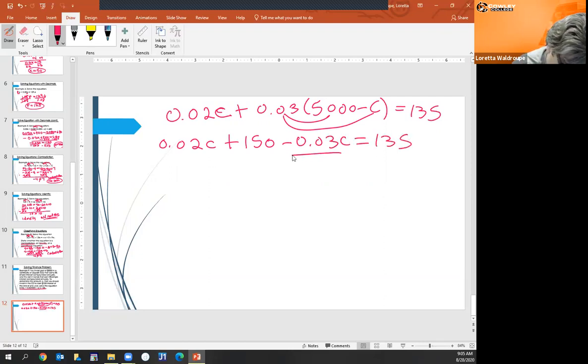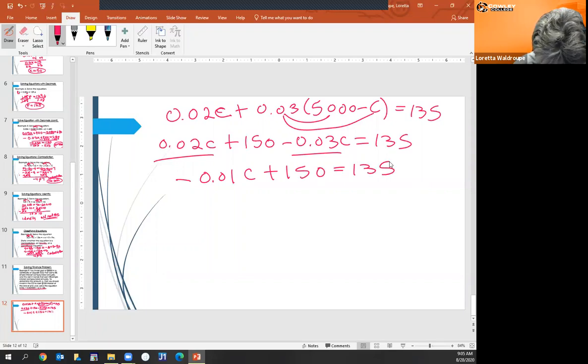I can combine my C's over here on the left. So 0.02 minus 0.03 is a negative 0.01C. And bring everything else down. Subtract my 150 from both sides because I'm trying to get C by itself.